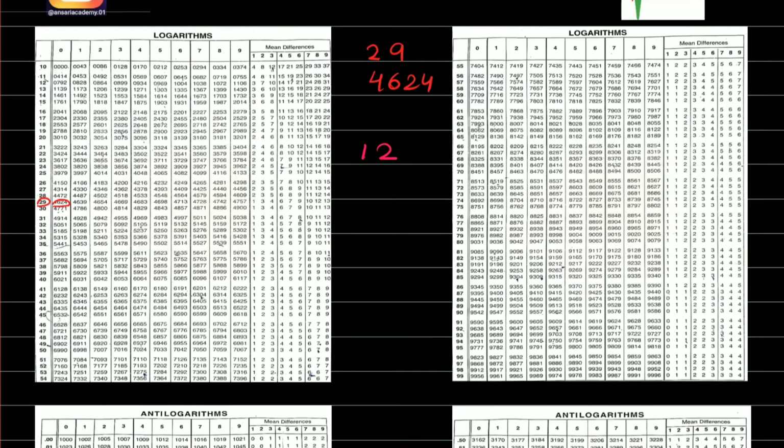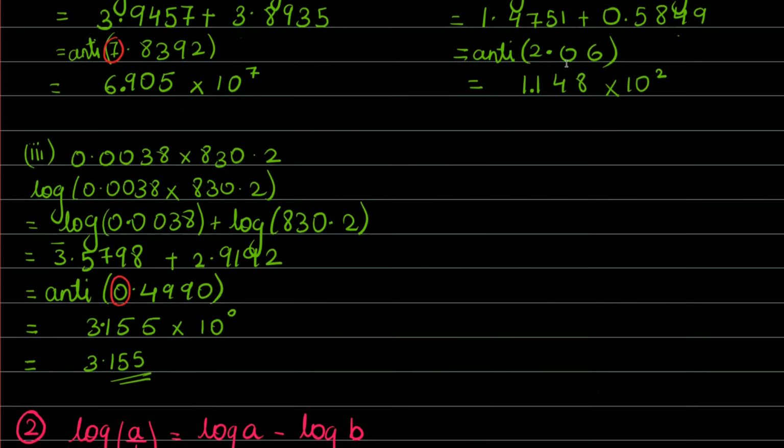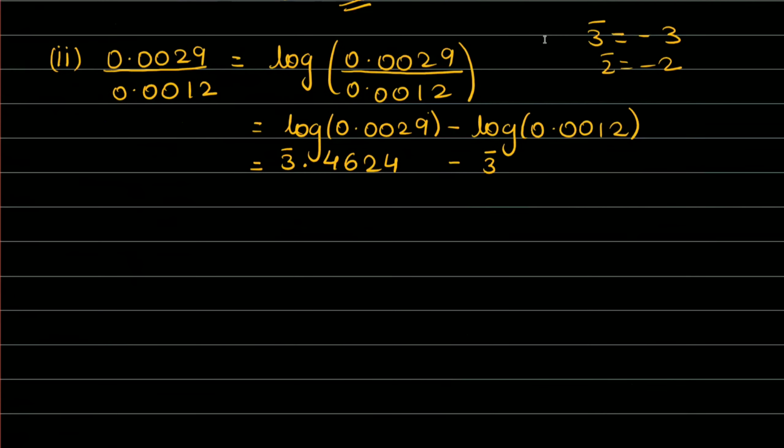We are going to find the value for 12 in 0, which is 0792. The value is 0792. So we are going to write over here as 0.0792. So after subtracting these values, we get 0 point something.